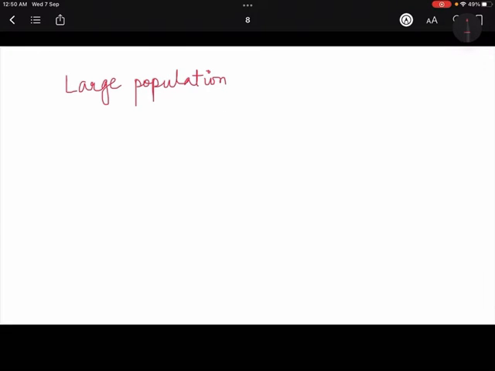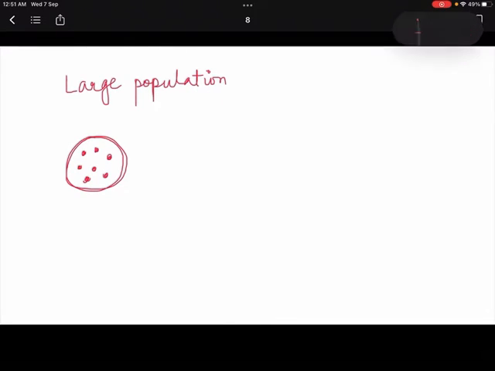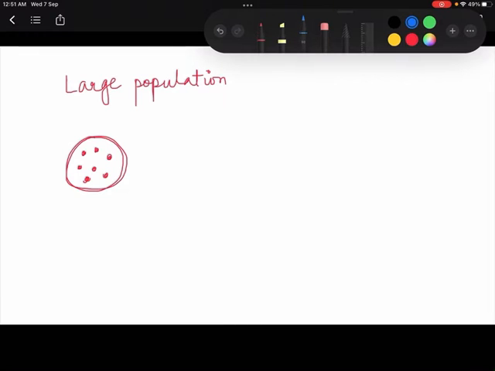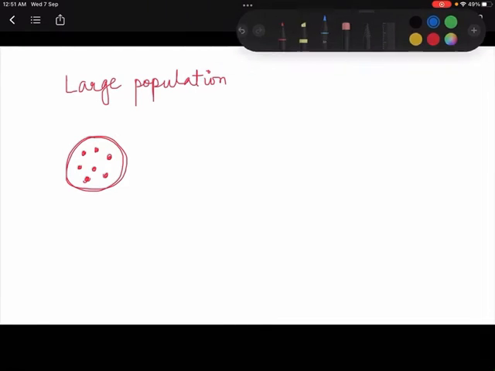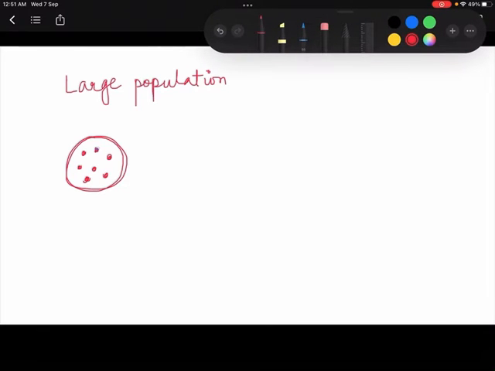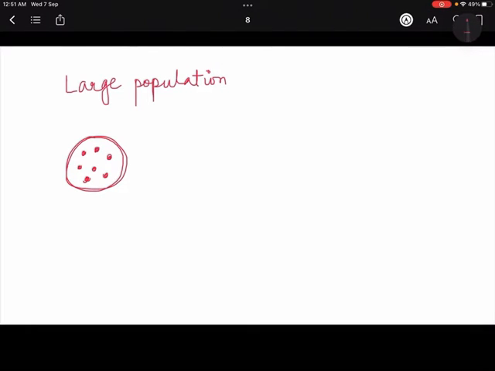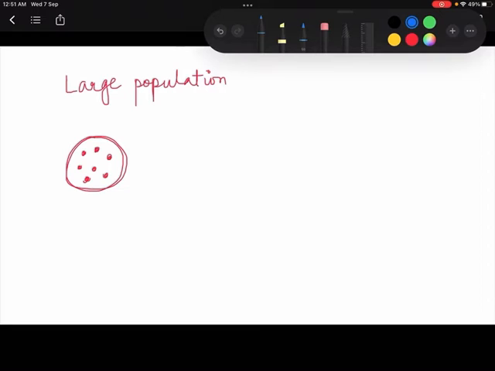For example, let us assume we have this island, and people in this island, there are like 7 people in this island, having blue eye color.